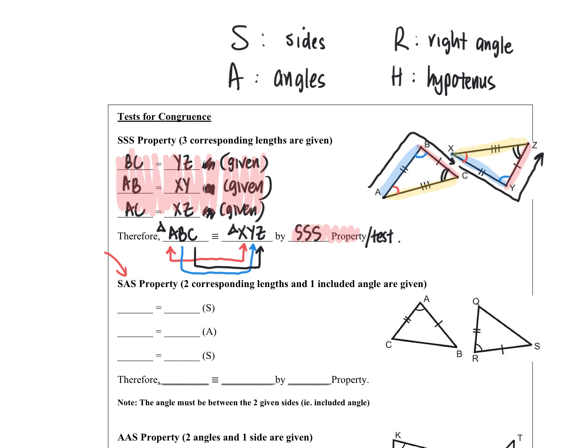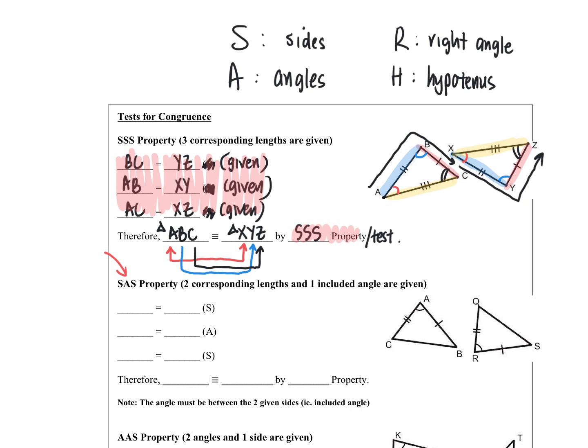If the angle is outside of your two lines, you see this is outside, not trapped between the two lines, then it's a different test already. So you need to know how to identify the correct one. The two sides with the angle in between is SAS. The angle is trapped between two sides.